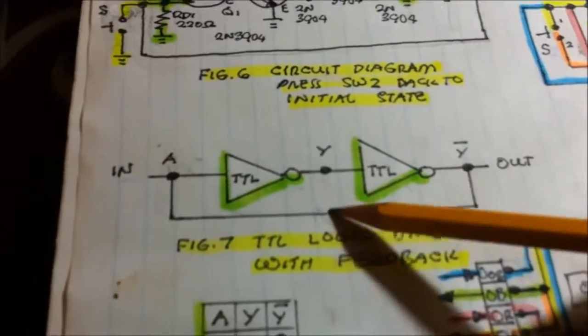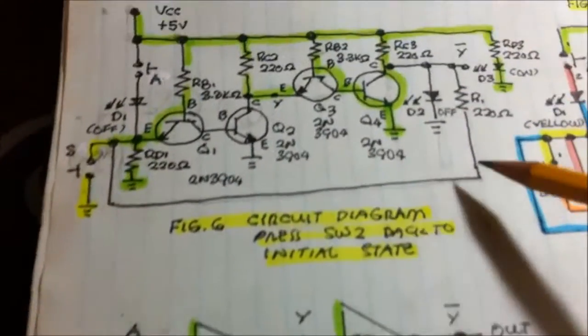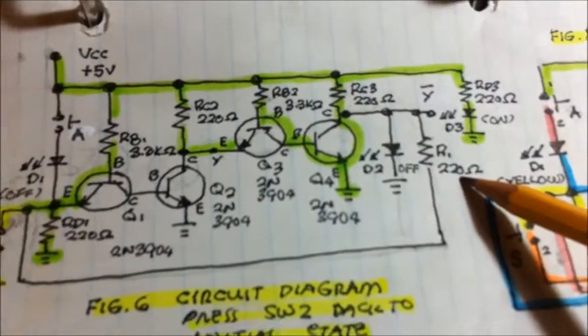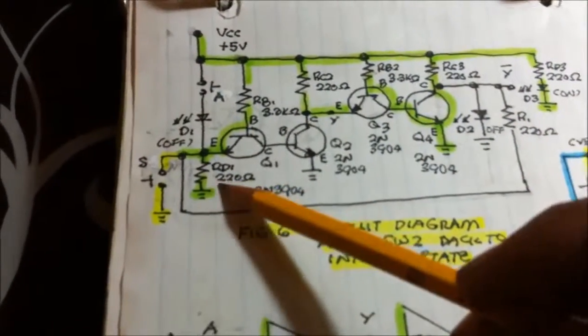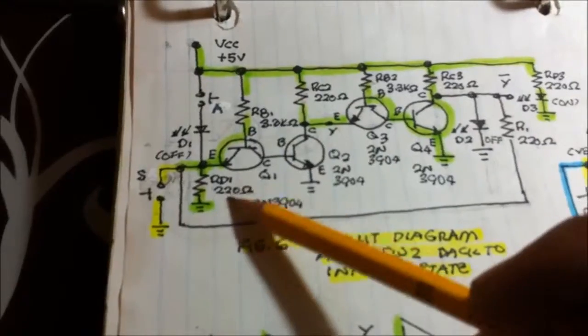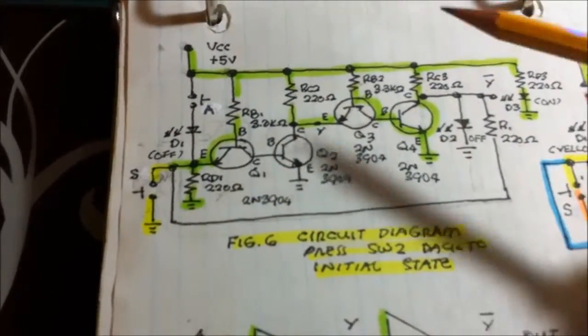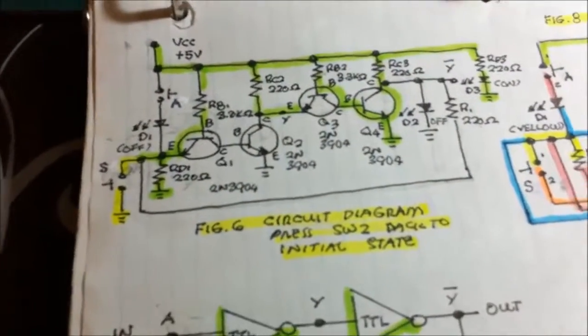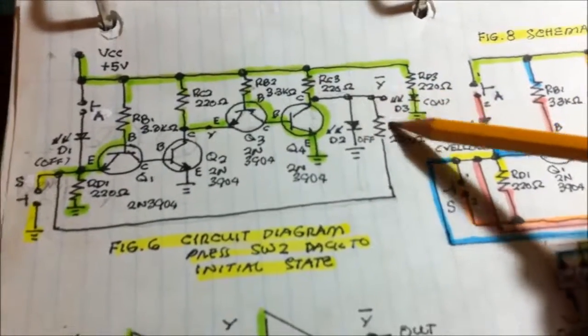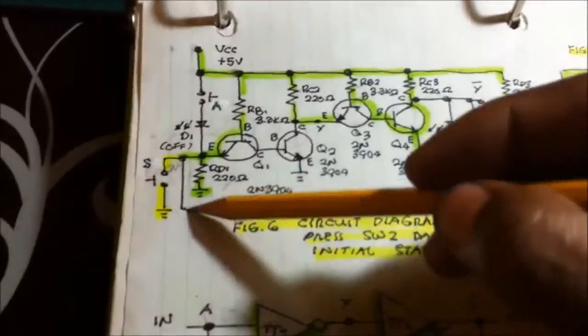I'm using a resistor here. Why am I using 220 ohms, which should be equal to the resistor here? It is enough to make a latch circuit.